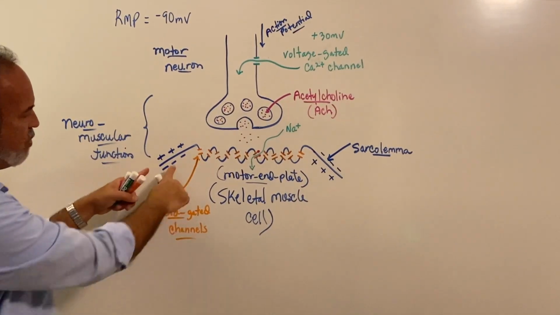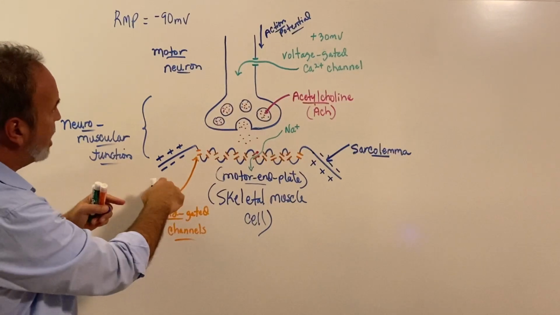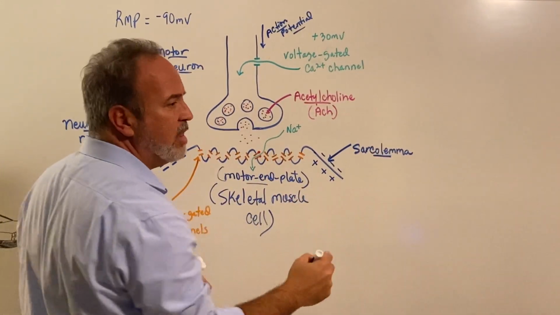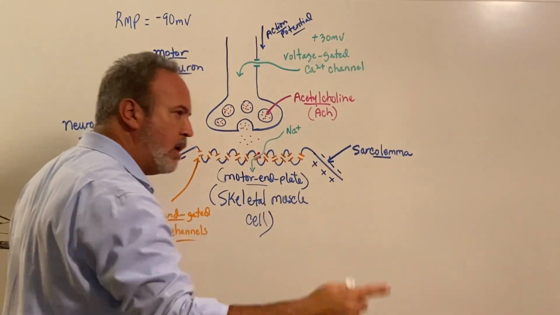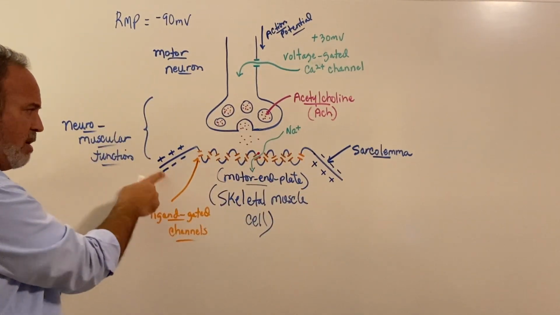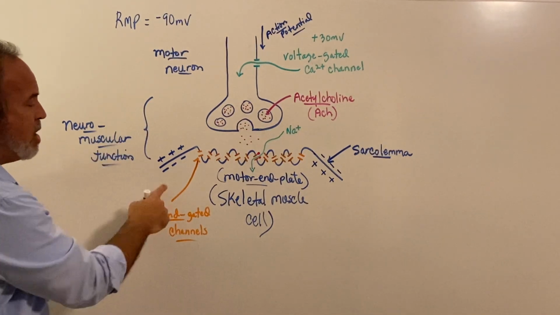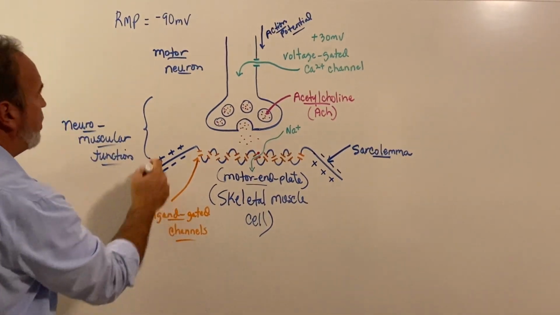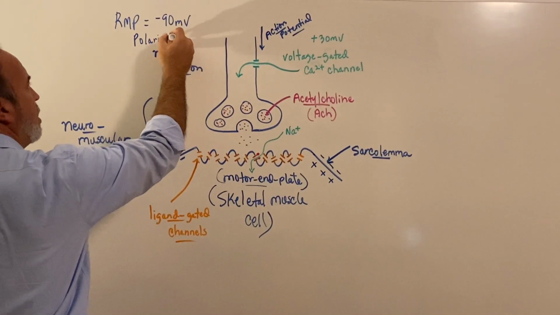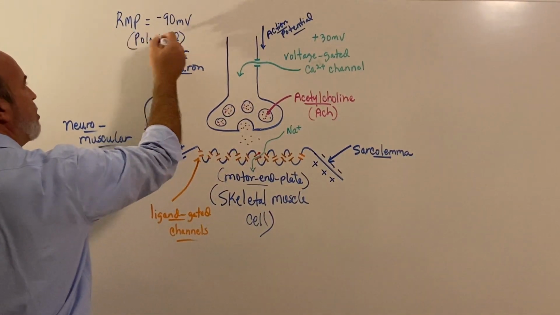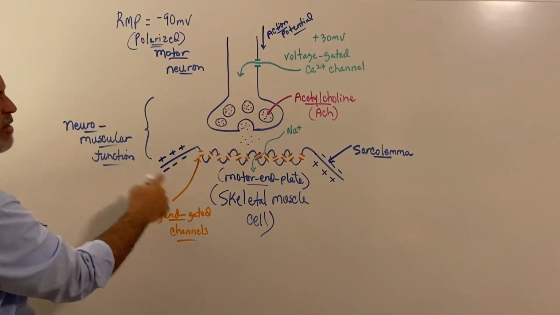So when we have the reverse of this, then we call that depolarization. The membrane has been depolarized. And by the way, when it is like this here, resting, the membrane is polarized, okay? So the membrane is going to be polarized when the skeletal muscle cell is not being stimulated.